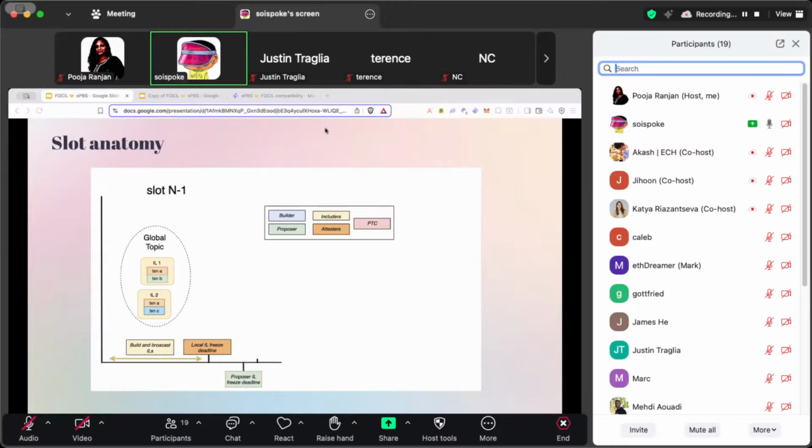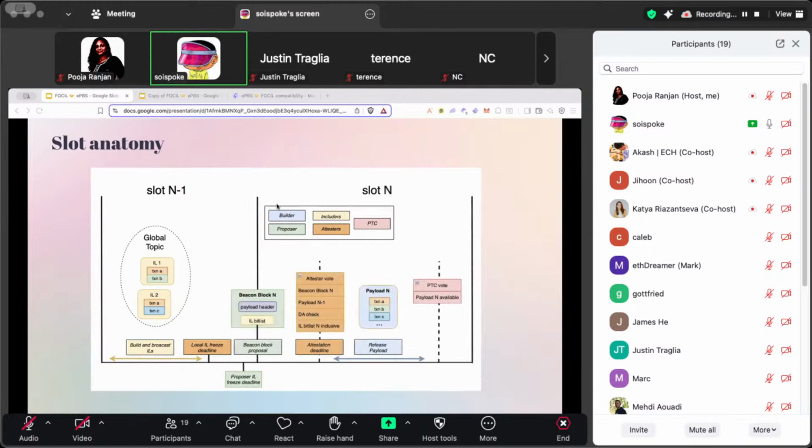Okay, so let's say that's what happened in slot n-1. Of course, duties are actually overlapping over the duration of one slot, but I thought it would be easier to go through it this way. The rest happens in slot N, and there are a bunch of things. First, the proposer runs its fork choice rule to determine the valid parent block to build on.